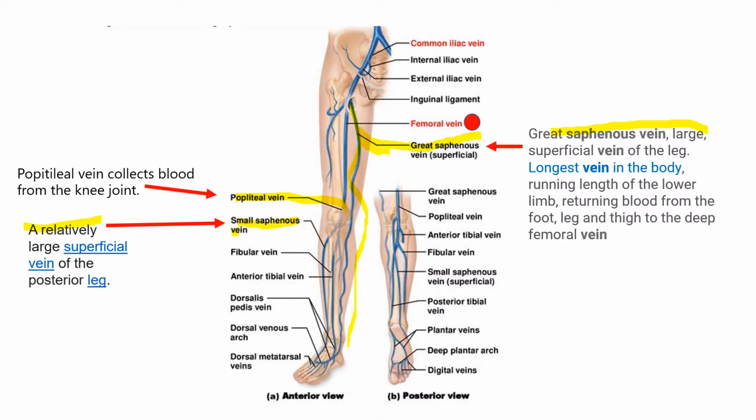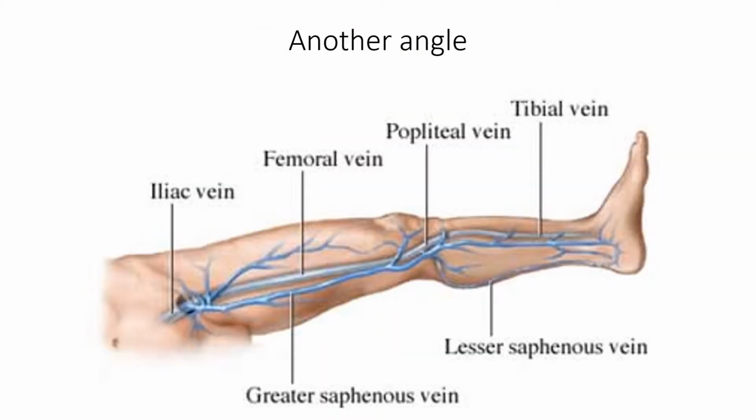And then you see the posterior part, and you've got the fibular vein, popliteal vein, and posterior tibial vein. So you've got the anterior portion and the posterior portion. Again, just another look at the veins.